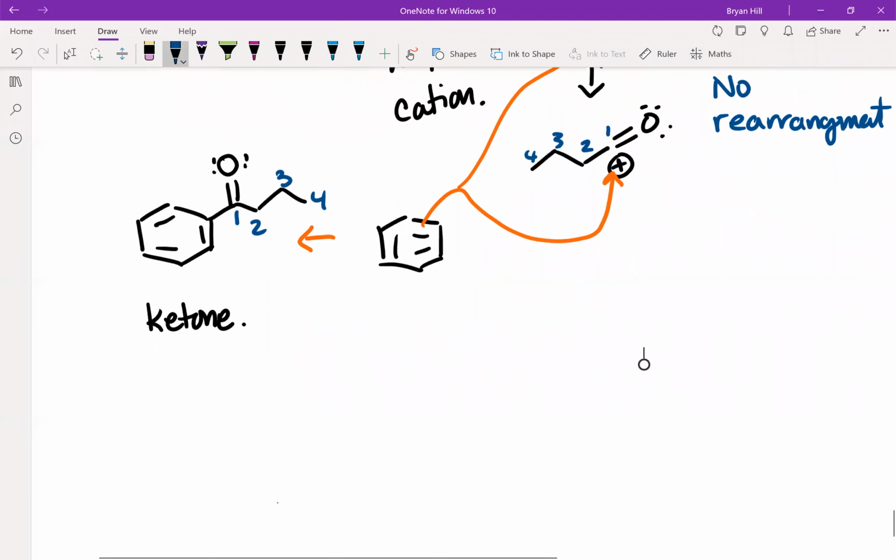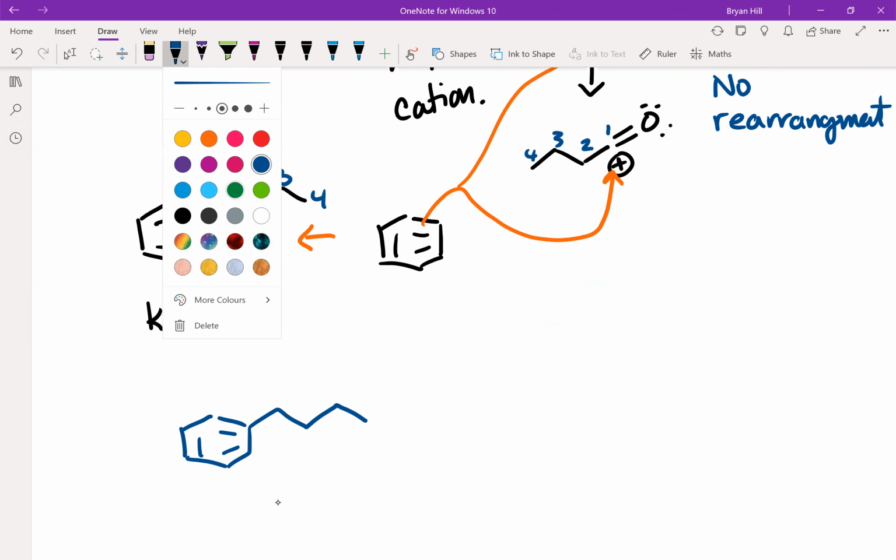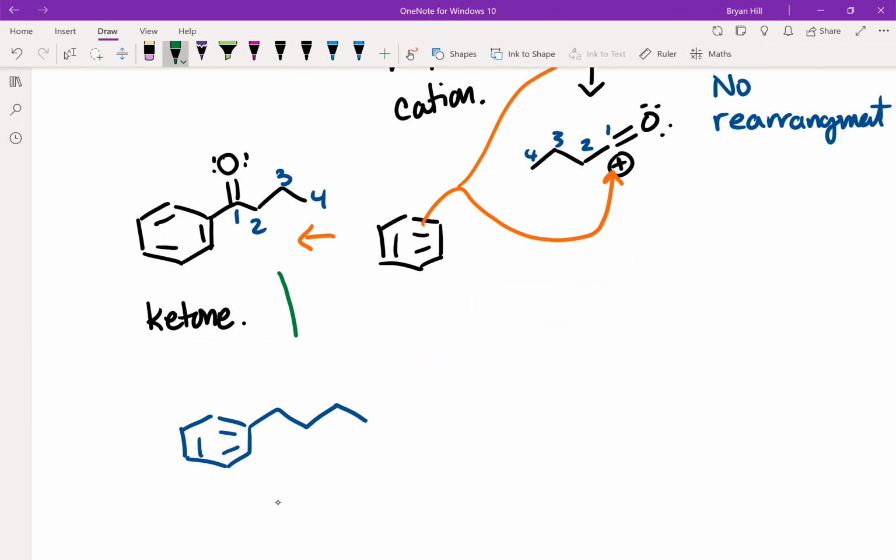Now you might say, well, wait a second, this doesn't really look like 1, 2, 3, 4, because it's got a ketone there. Well, there's a neat little reaction that you can do that will convert this ketone into a straight chain alkane.